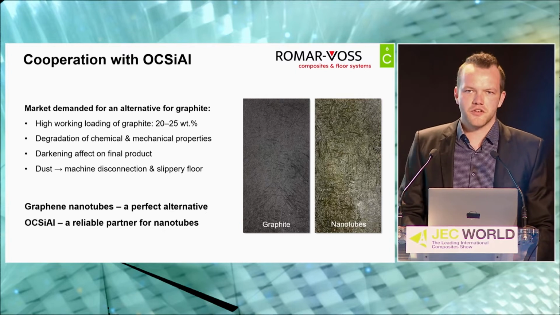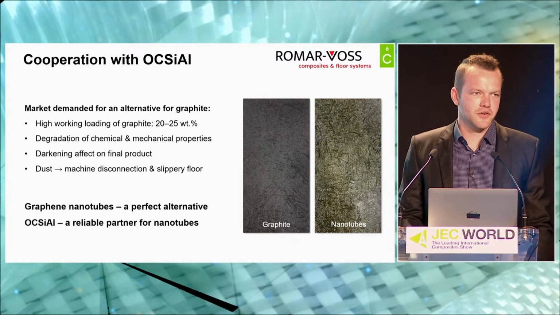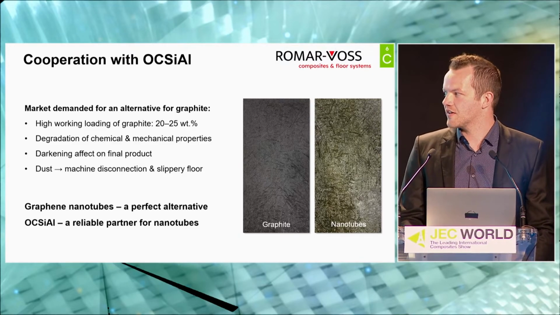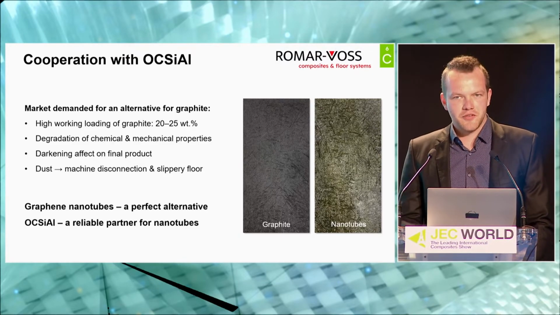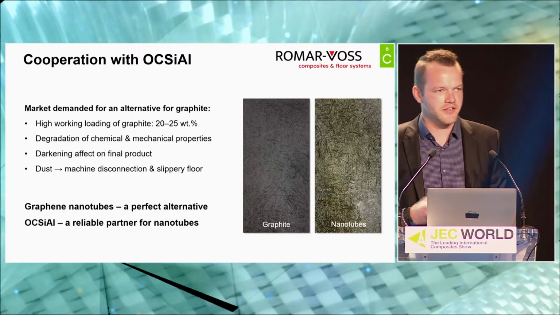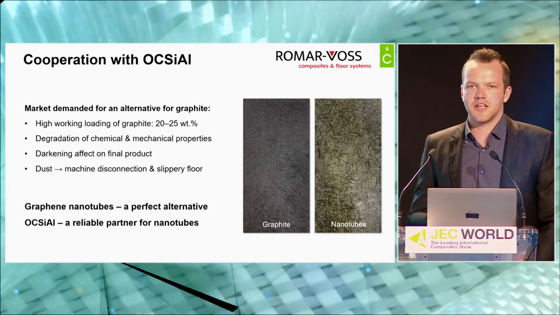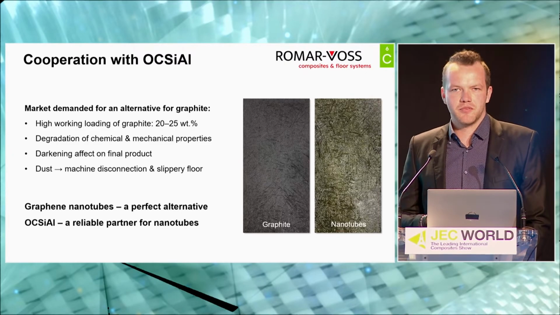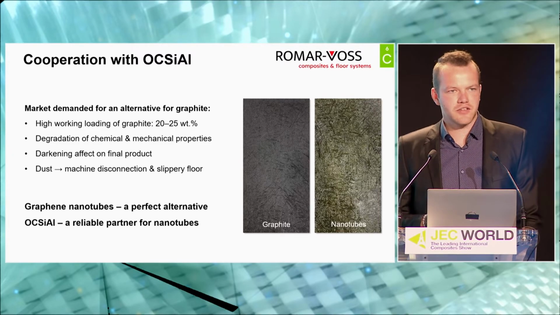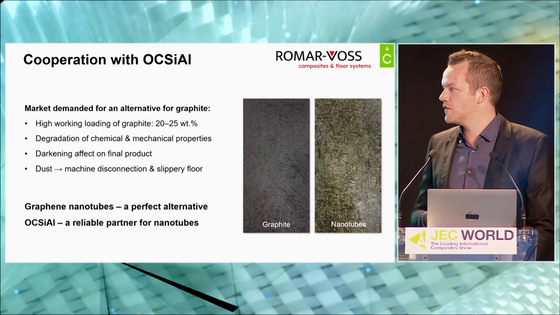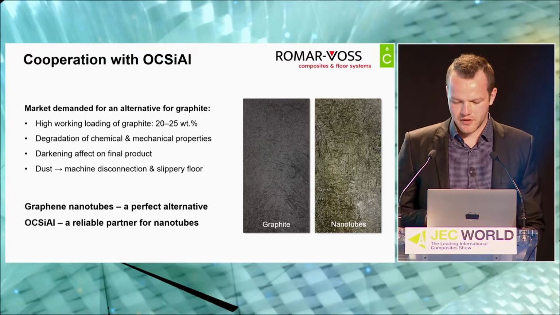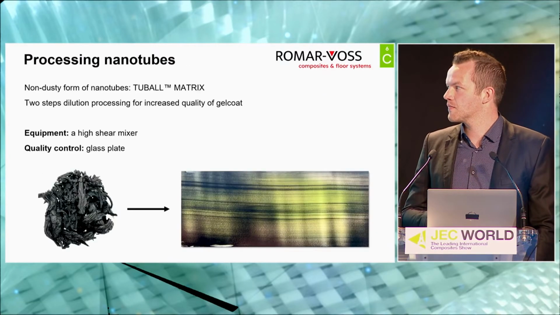And this also causes some darkening effects of your final color, like you see on the pictures on the right side. And also when manufacturing the graphite into your products, it can cause some machine disconnection and a slippery floor. So that's why we are using the graphene nanotubes from Oxial for all our conductive product range.